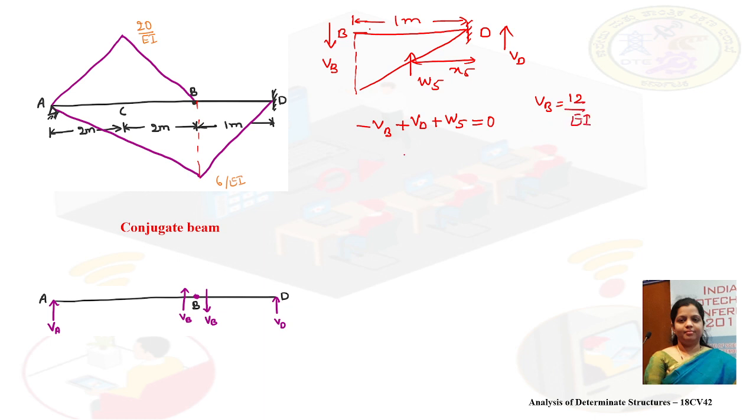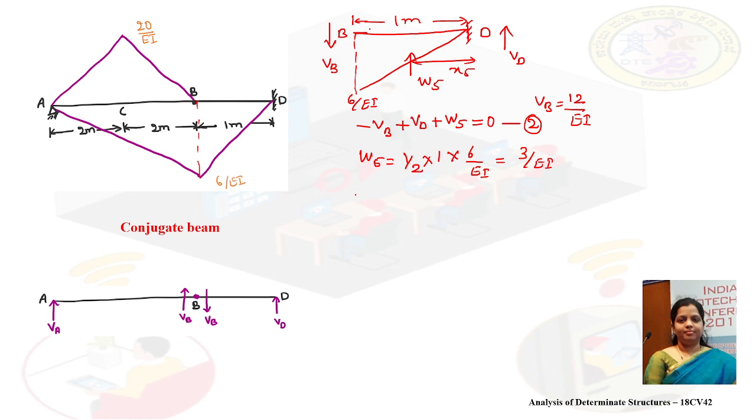We need to calculate W5 so that we can compute the value of VD. So W5 is equal to half into 1 meter into height 6 by EI, which works out to be 3 by EI. Let's call this equation 2.